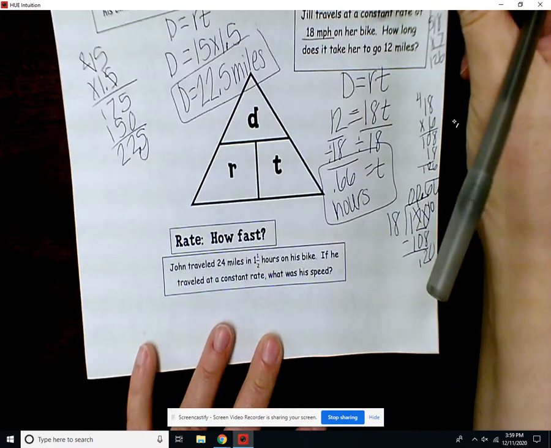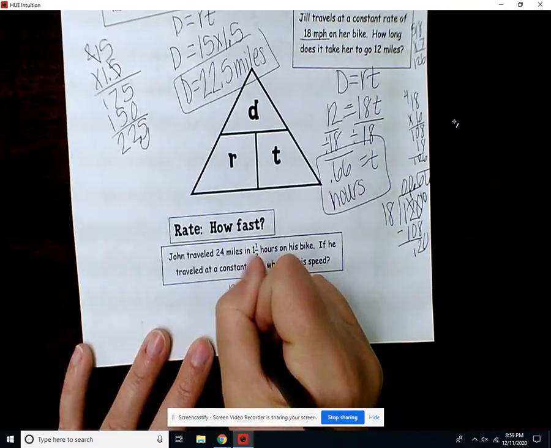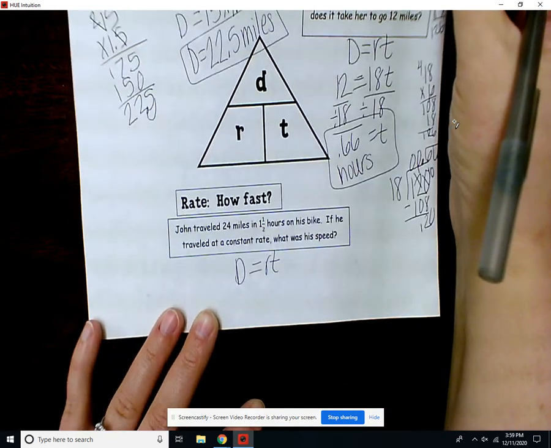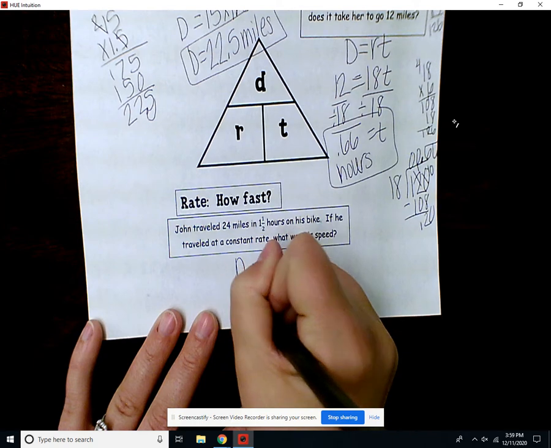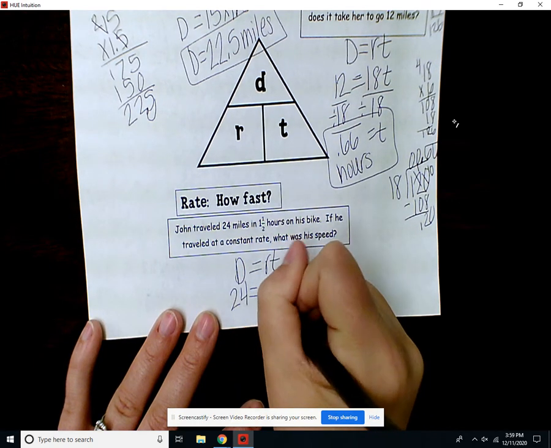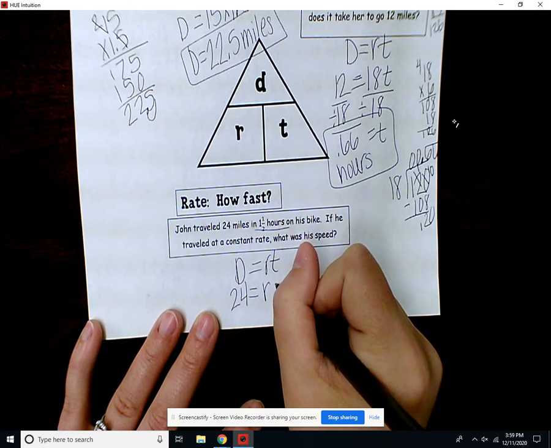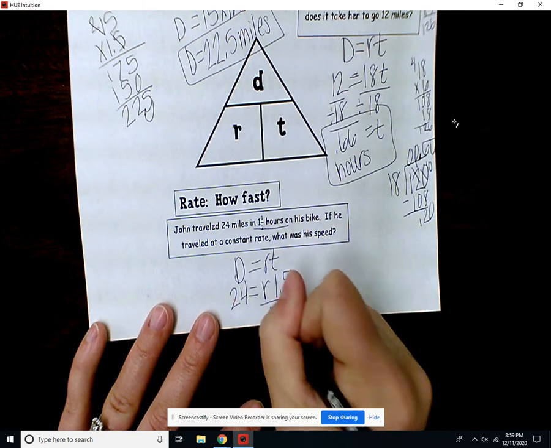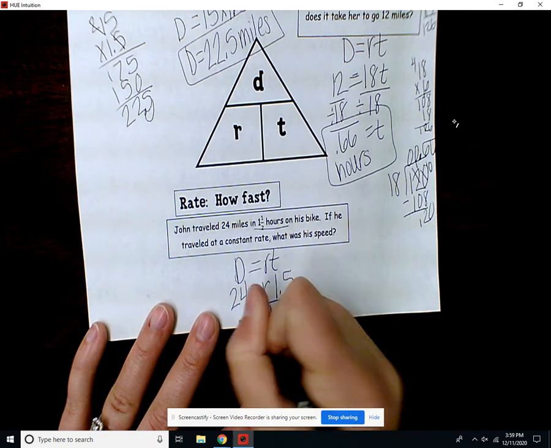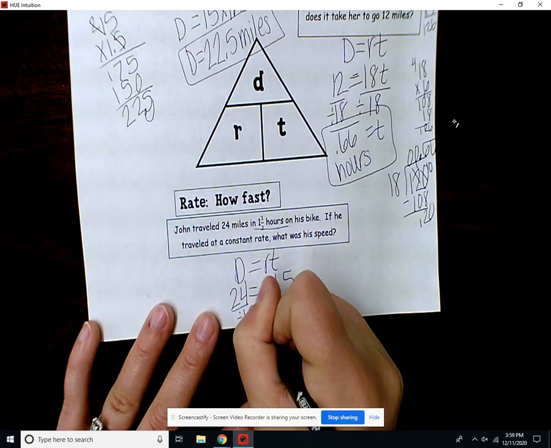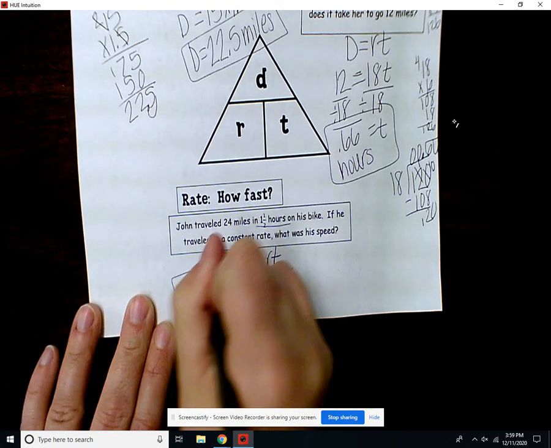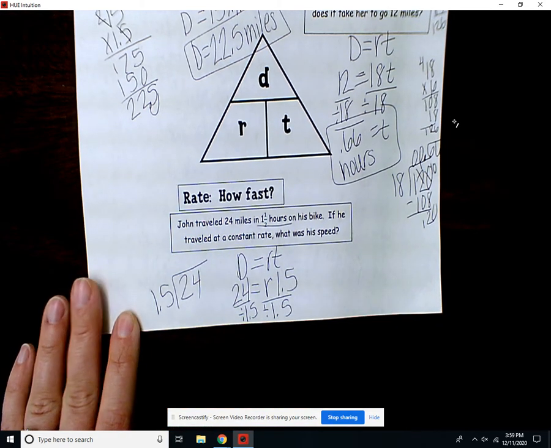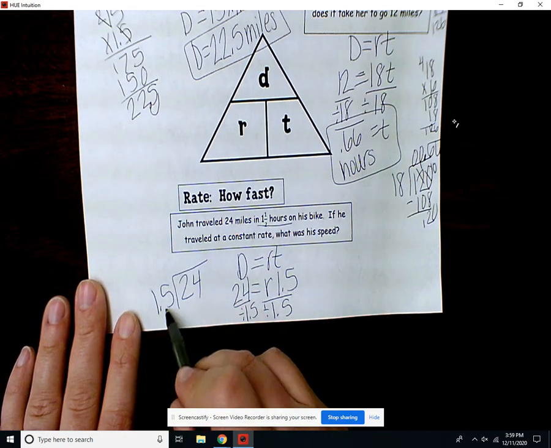All right, so our last one, John traveled 24 miles in 1.5 hours on his bike. What was his speed? So 24 miles is our D. Our time is 1.5. So again, we're looking for our R. We're going to divide that by 1.5. So the number on top is going to go on the inside, 1.5 on the outside. So 24 in, 1.5 out.